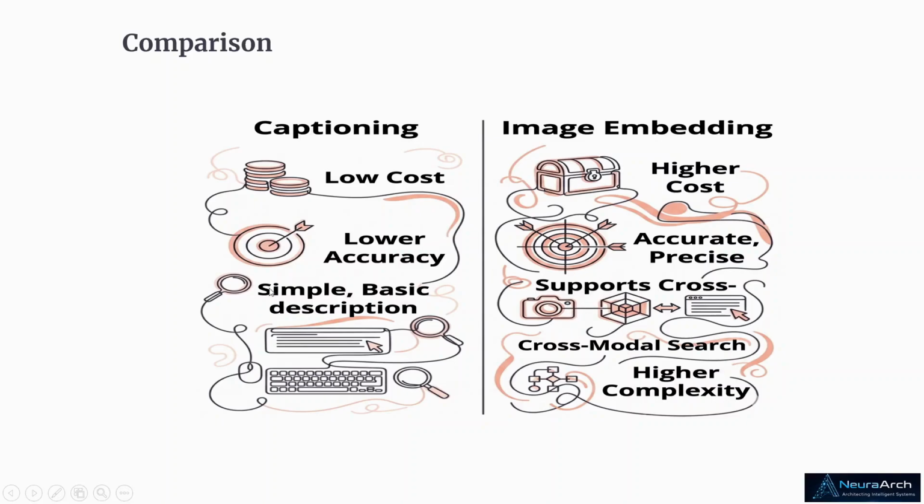You can have that in the captioning, but every time you will convert that into text and text is going to get retrieved. So the cross-modal search is very feasible in the second option. The negative point of this is you are going to increase the complexity of the system.